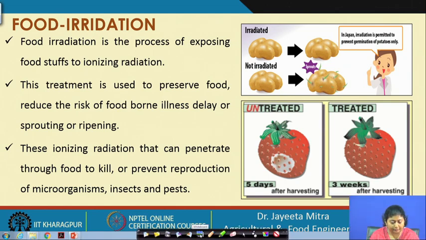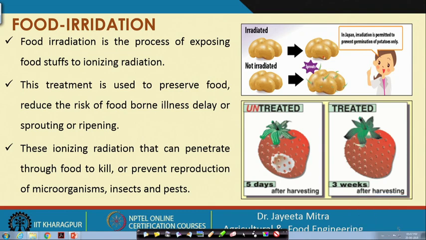So, food irradiation is the process of exposing foodstuff to ionizing radiation, and this treatment is used to preserve food, reduce the risk of foodborne illness, and delay sprouting or ripening. So, these are the effects that it can cause. If it is not irradiated, sprouting may be there. If it is irradiated, then sprouting will not be there.